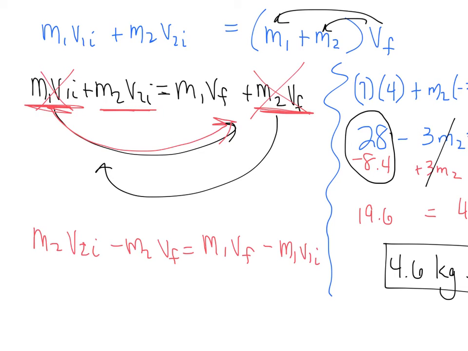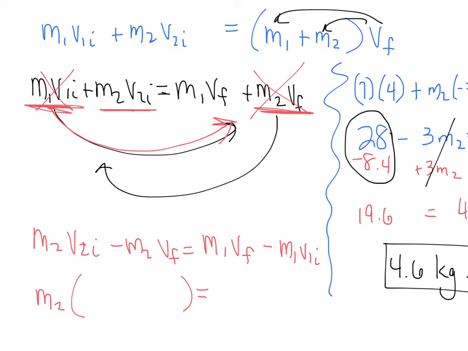And then how do I get M2 by itself? What's the math thing you do when something is in more than one term and you want to move it out front? What is it? Yeah, factor it out. M2 is here, M2 is here. Put M2 in front. This is where your factoring skills really come in handy. How do you know what's left over?